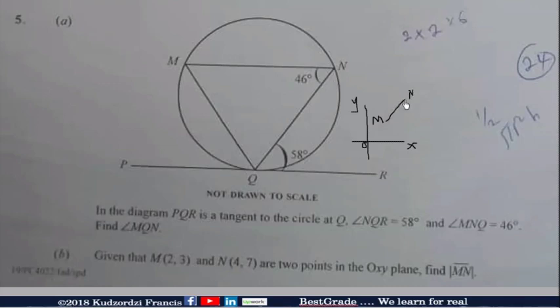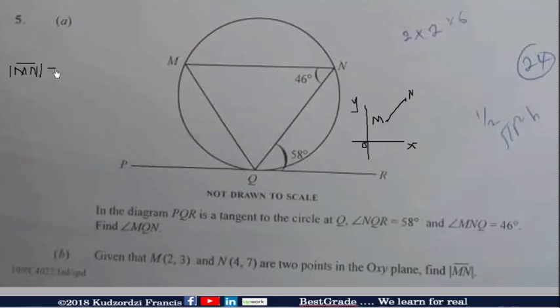So we can use the distance formula. The length of segment MN, where the absolute value bars mean the distance or the length.